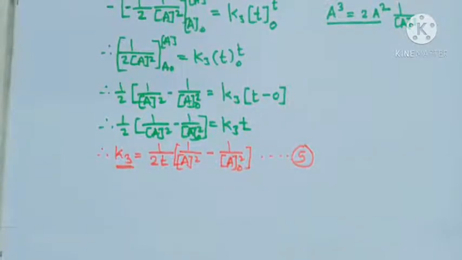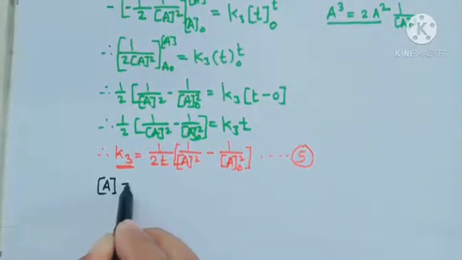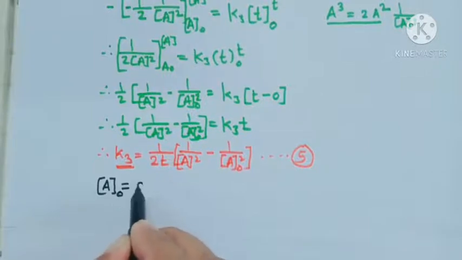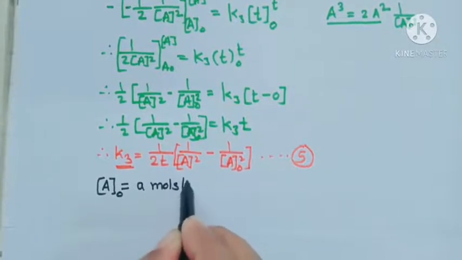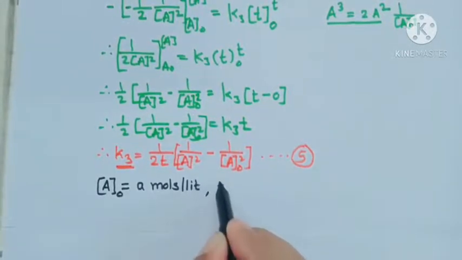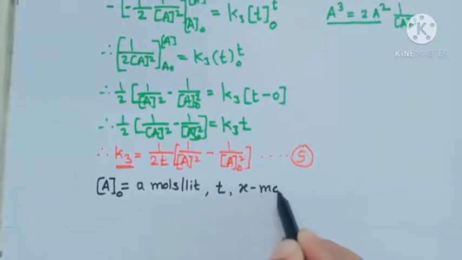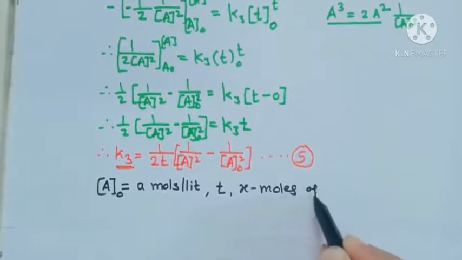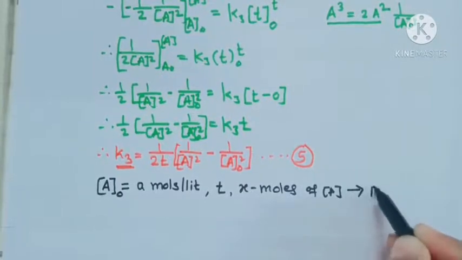Now we will consider that the initial concentration of A is a moles per liter. Within time t, x moles of A are converted to the product.